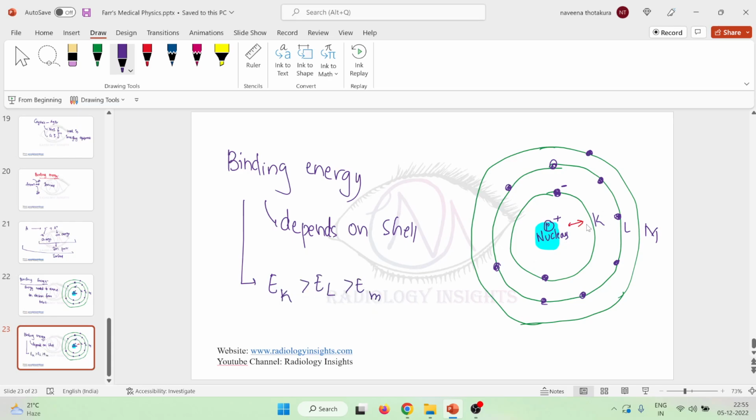It is quite simple because the K shell is nearer to the nucleus, so obviously it needs more energy to counteract the attractive force between the nucleus and the K shell. Similarly, removing an electron from the M shell requires far less force than the K shell because the M shell electron is farther away from the nucleus. So the attractive force between this M shell electron and the nucleus is less. As a result, it can be easily removed from its orbit.